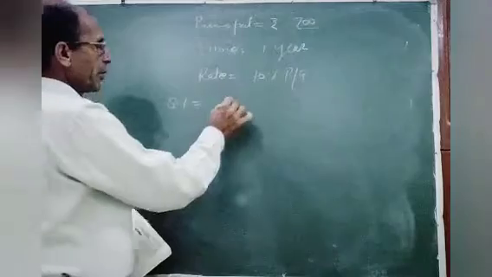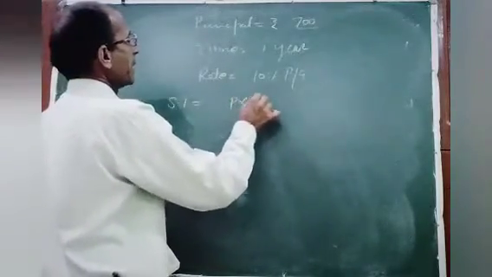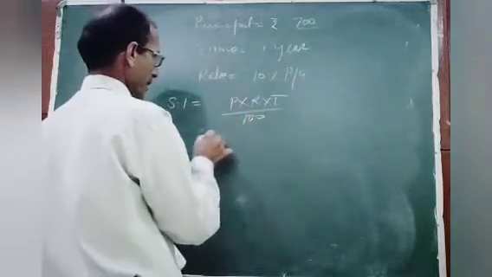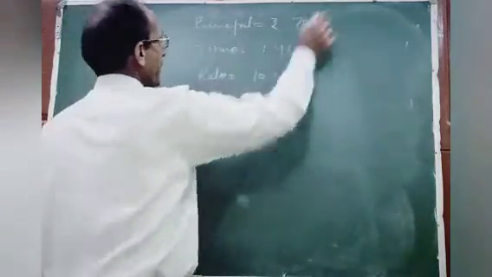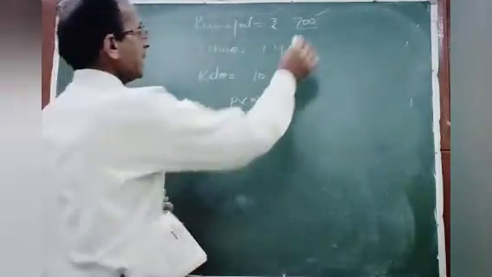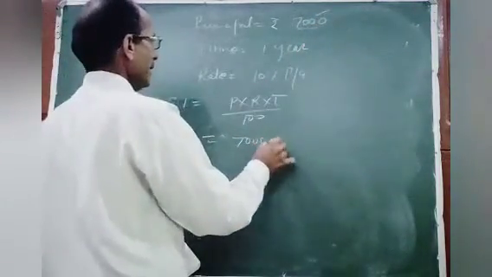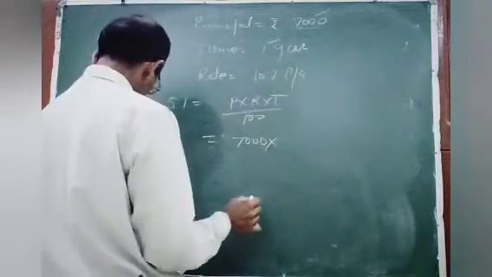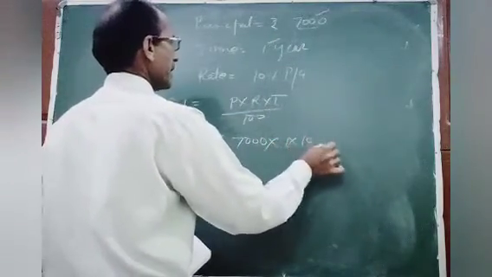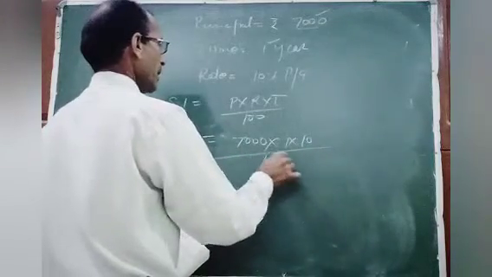So the formula I told you: principal multiplied by rate multiplied by time upon 100. Principal is 7,000. Time is 1 year. Rate is 10%, so 10 upon 100.